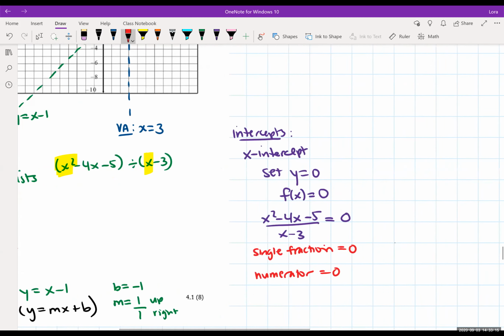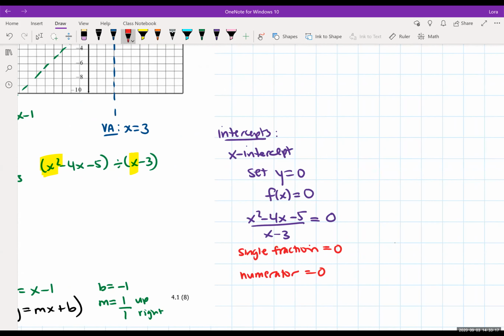In order for a fraction to be 0, it doesn't matter what's in the denominator, you have to have 0 in the numerator. I should be more specific: as long as we don't have 0 in the denominator.